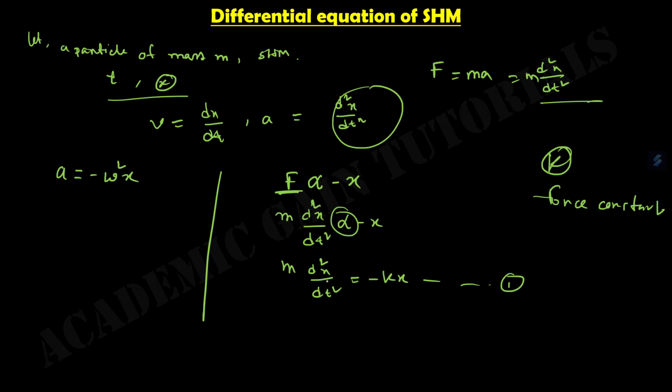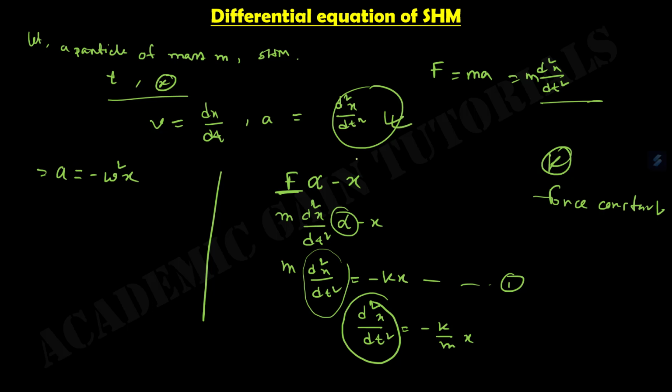So this term represents our acceleration, and we can write d square x by dt square is equal to minus k by m into x. This term represents our acceleration term, as we know from that part.